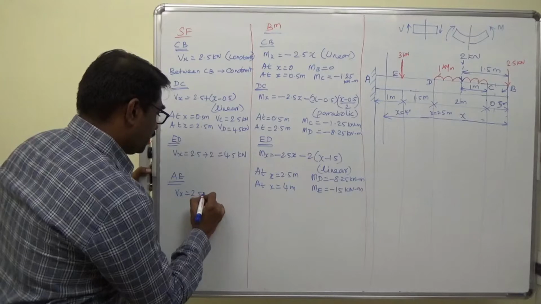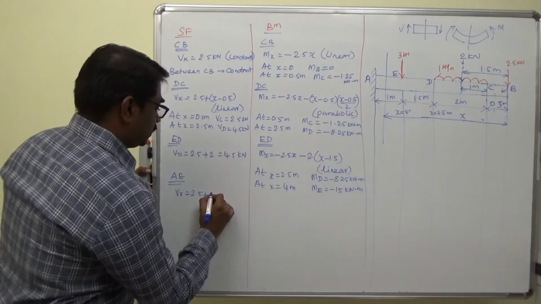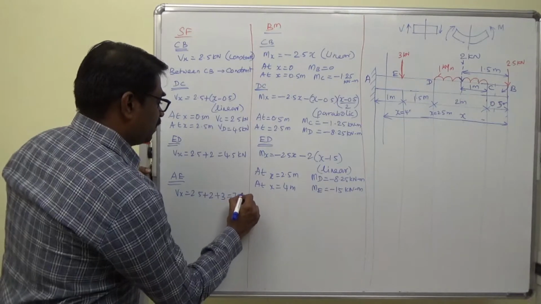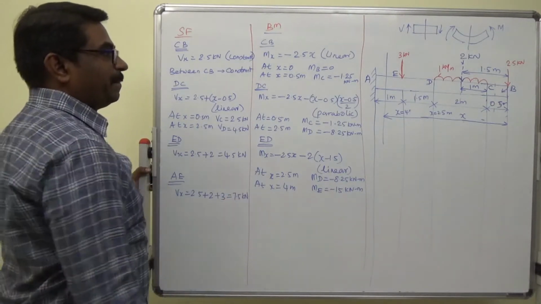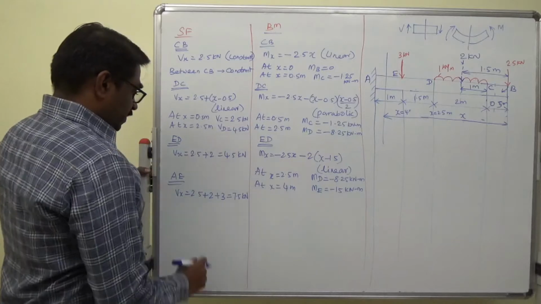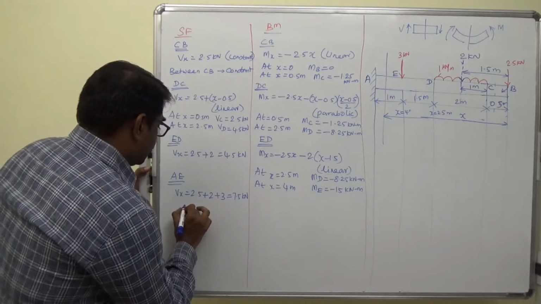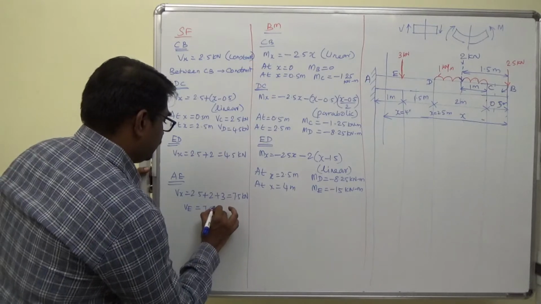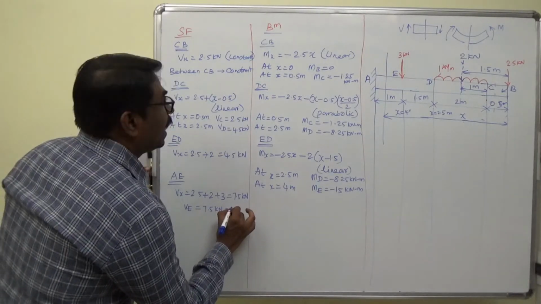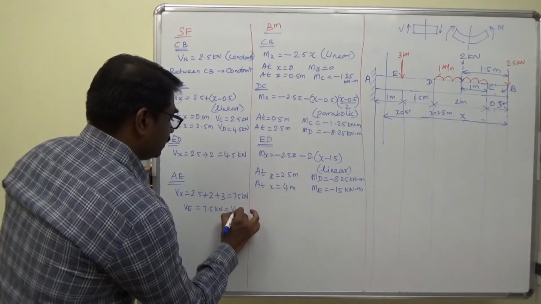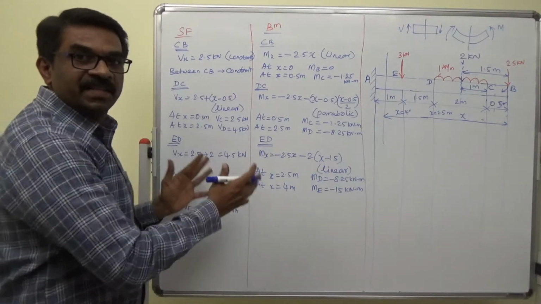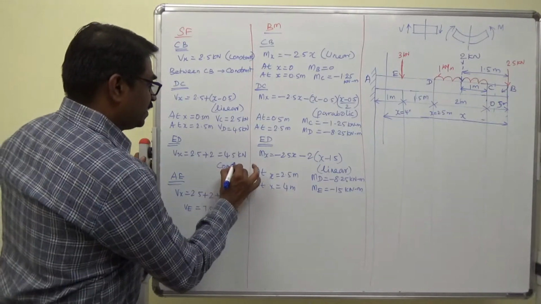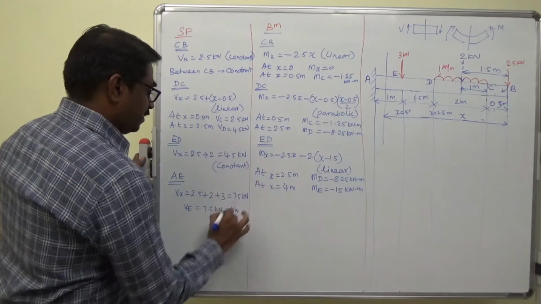So 2.5 plus 2 plus 3 is 7.5 kilonewton. So from E to A we got the value. It is a constant.